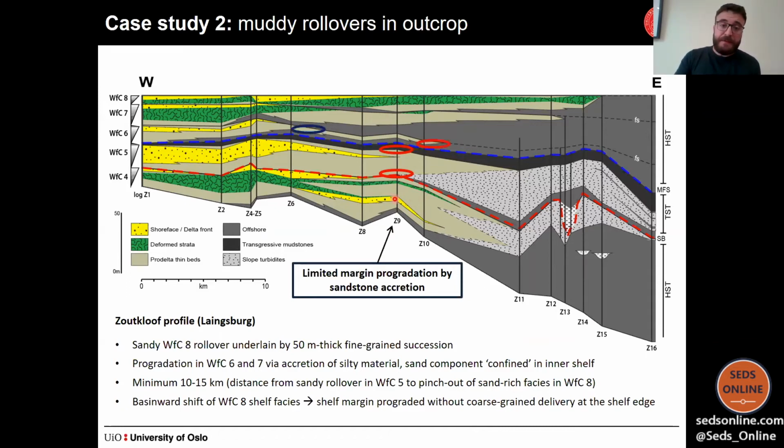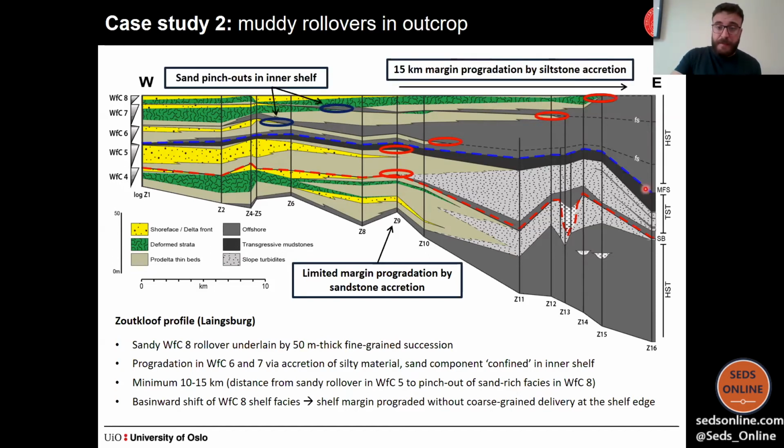But look what happens after a regional transgression. The black package here, the dark package, is showing a regional transgression, after which some of the sand delivery systems were not able to reach the previous shelf edge, and the pinch outs were on the shelf.